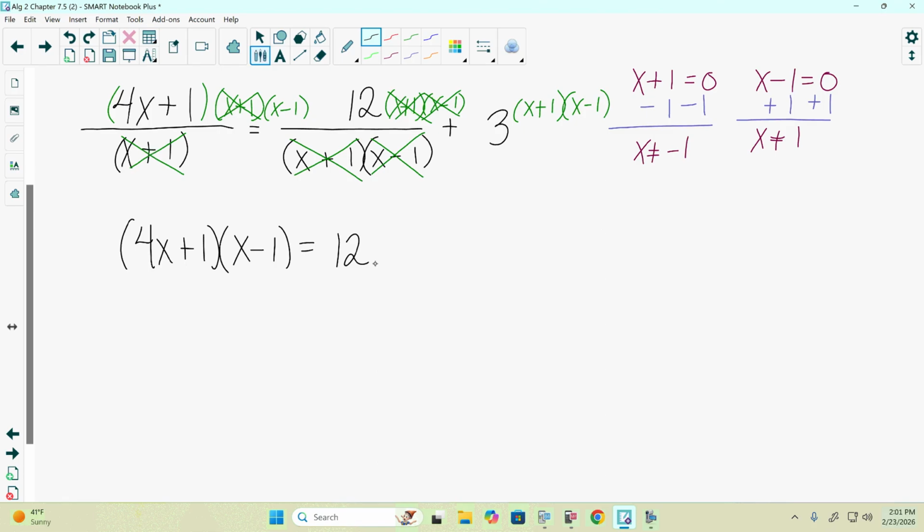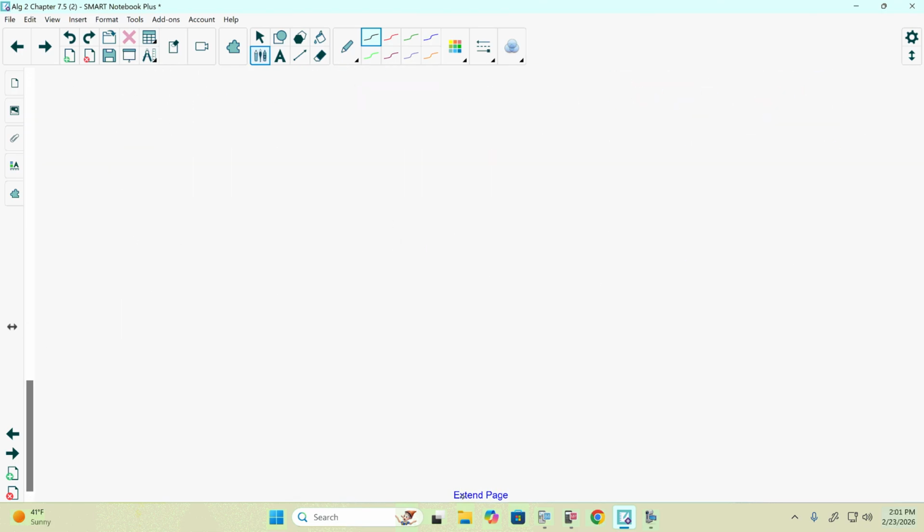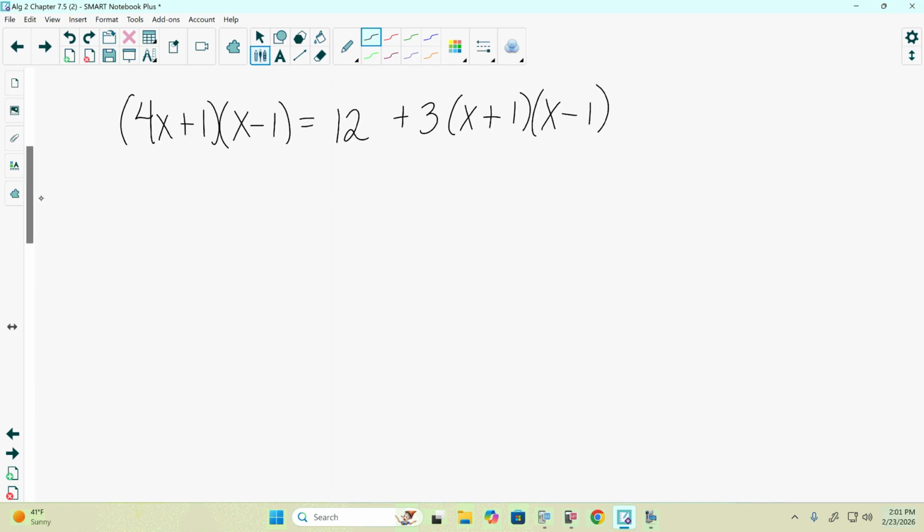So the only thing we have left is 12 for that there. Plus 3 times x plus 1 times x minus 1. We do have both terms there. Questions on how we got to this point here?